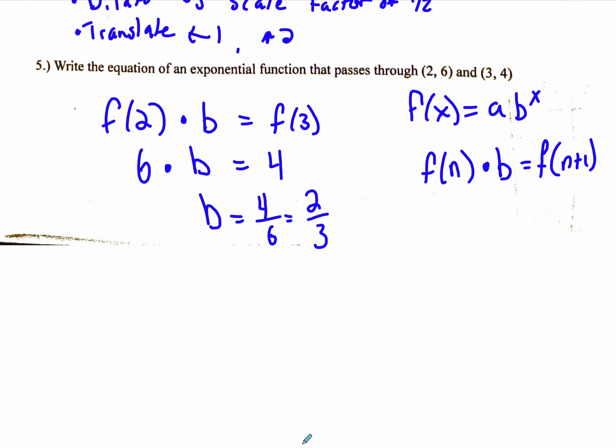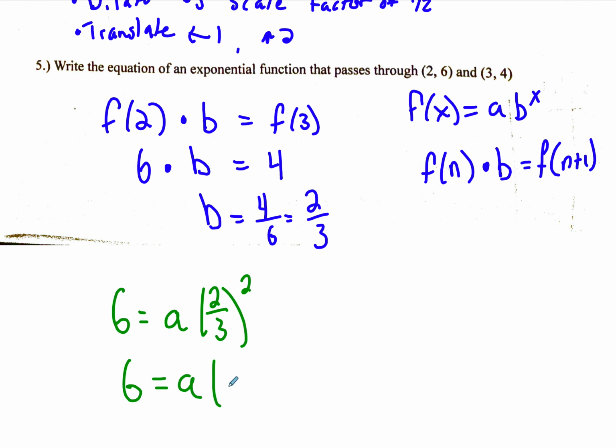Now to find the a value, remember you plug in a point, so I'll plug in 2, 6. So 6 is equal to a times 2/3 to the power of 2. So 6 is equal to a times 4/9.